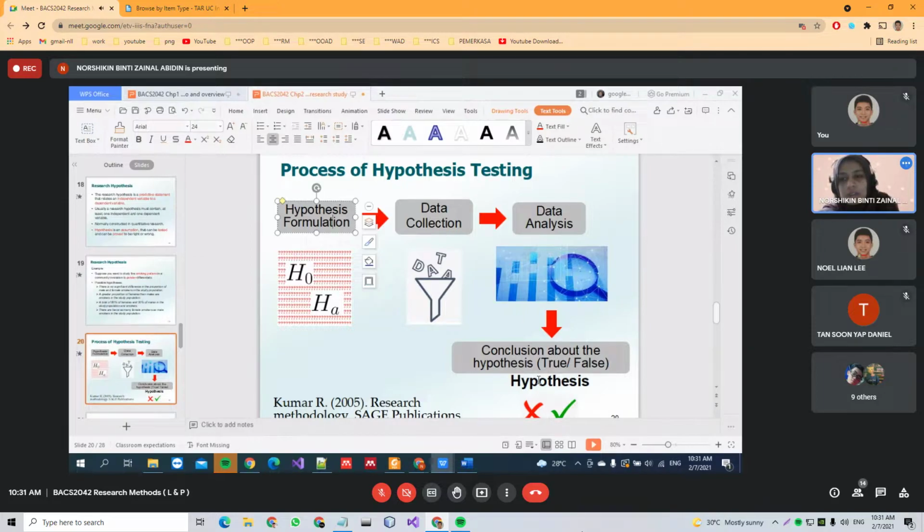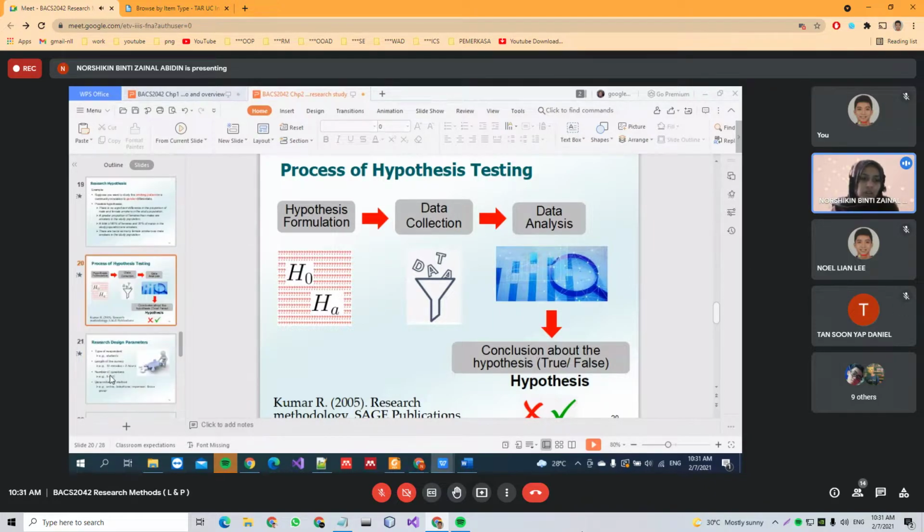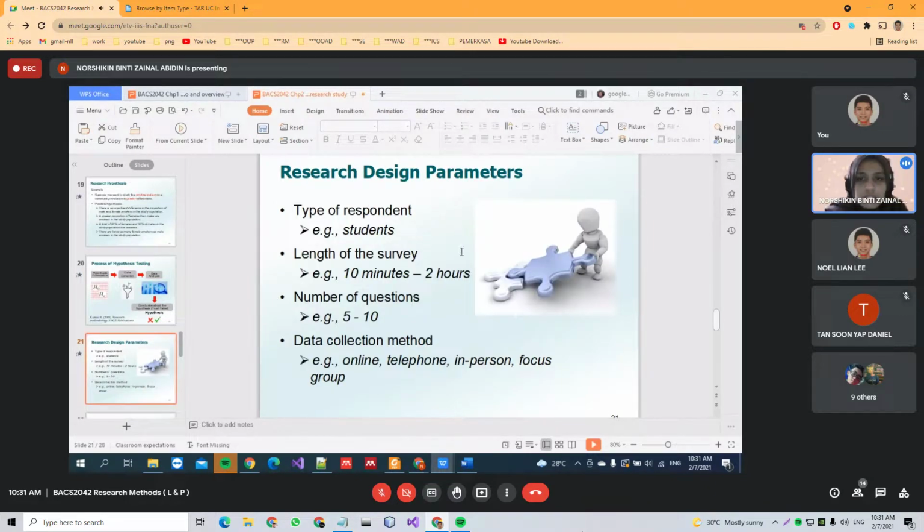Hypothesis can be accepted or rejected. That's the process of hypothesis testing. Basically, you make an assumption, go for data collection, analyze, and then see from your result whether your first assumption is correct. That's all for hypothesis.